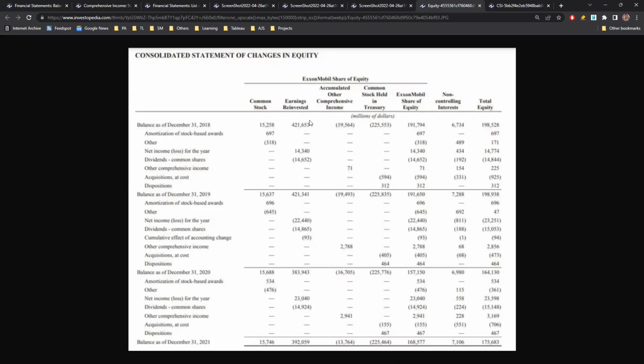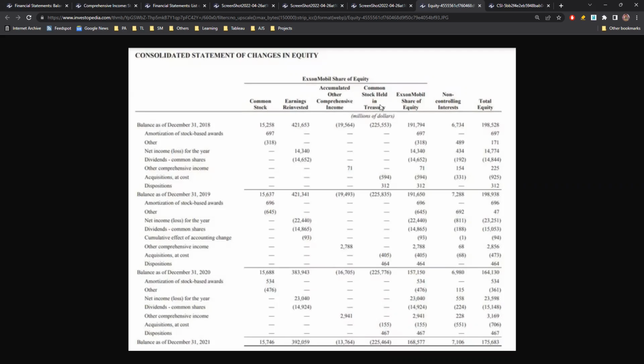And then the other element, comprehensive income, we have just seen, and there is something called common stock held in Treasury. This is also known as treasury stock, which basically means that, let's say when a company goes IPO, it provides a certain amount of the company's ownership, so they create shares and sell them on the stock market, right?